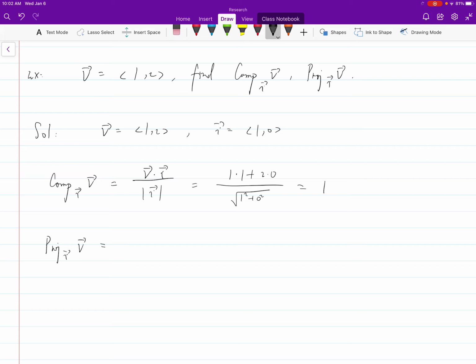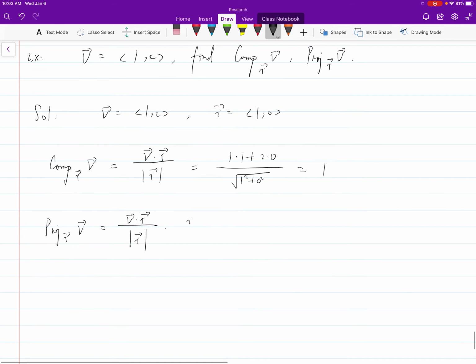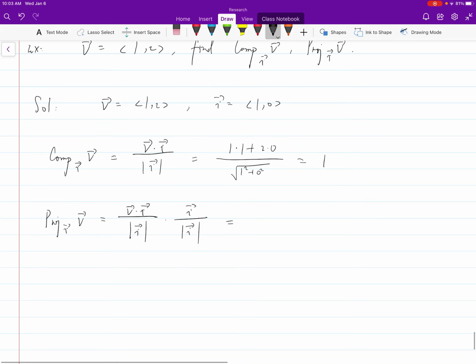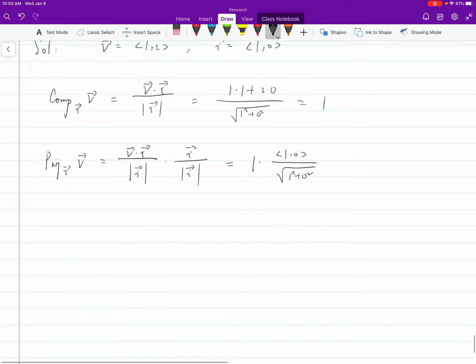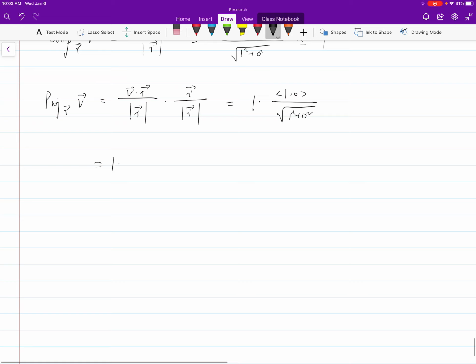Use the formula. v dot i again. Okay, the first one we have already computed. Now you have 1, 0 divided by the square root of the length squared, which is 1 times 1, 0, which is 1, 0.